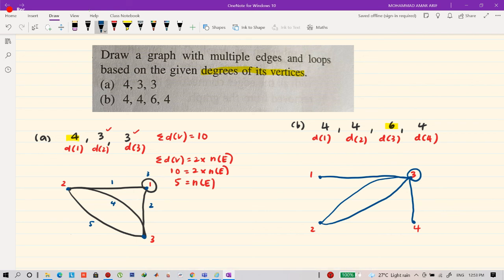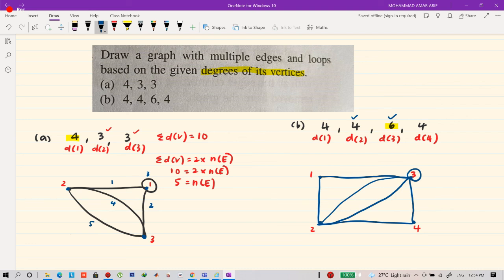So 1 pergi ke 2, 4 pergi ke 2. So dekat point 2 automatic dia akan dapat 4. Sebab apa? Sebab dekat 3 pergi ke 2 ni dah ada 2 jalan. So 4 pergi ke 2, 1 jalan, dah jadi 3. 1 pergi ke 2, 1 jalan, sudah jadi 4. So 2 dah settle, 3 pun dah settle.